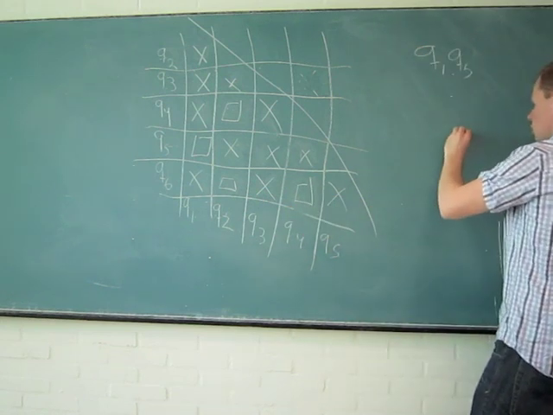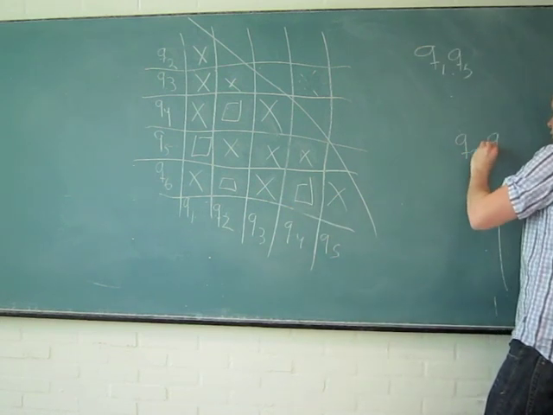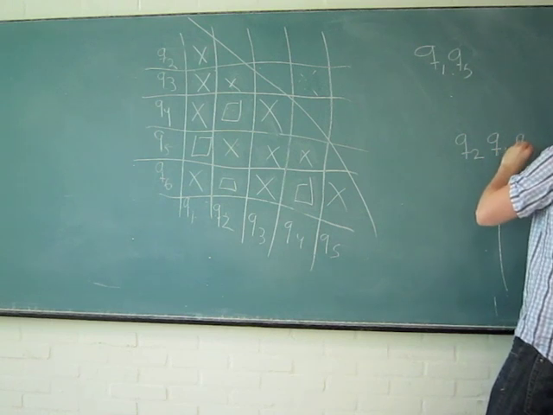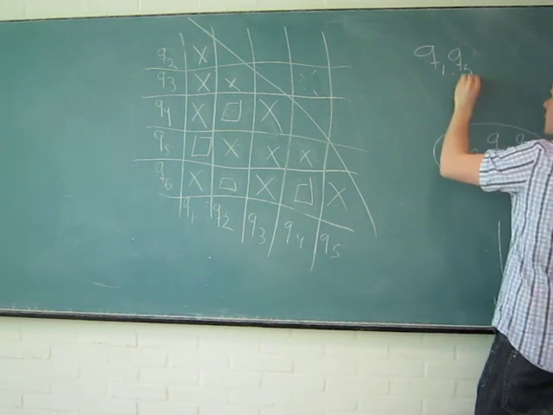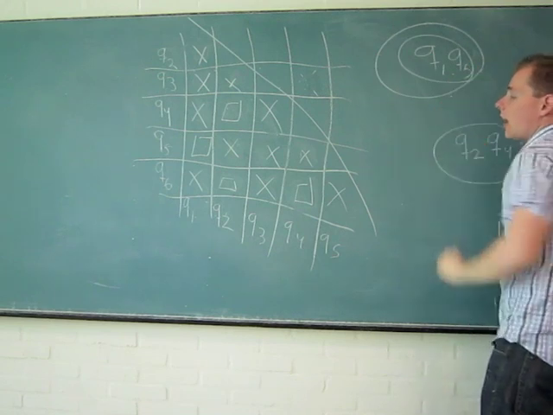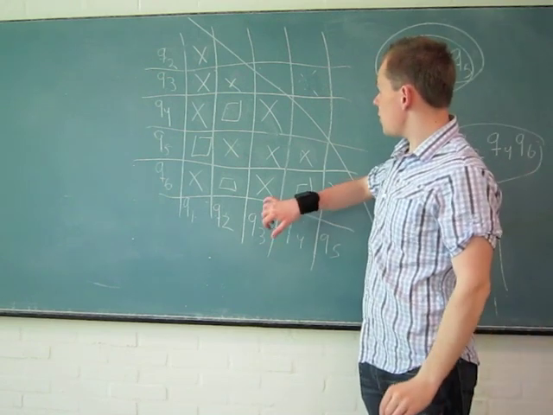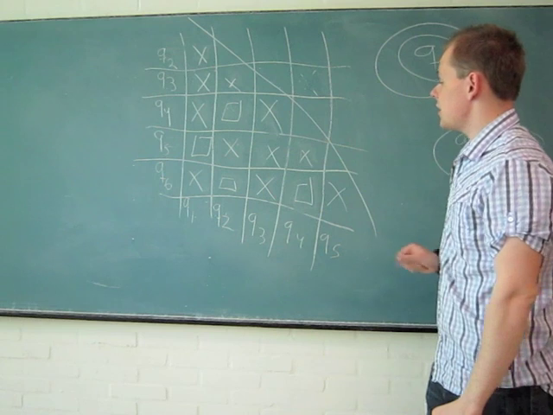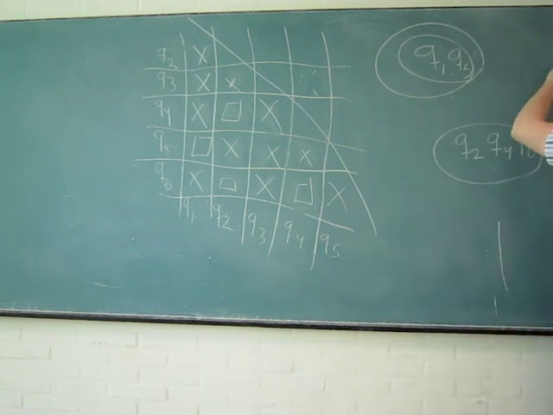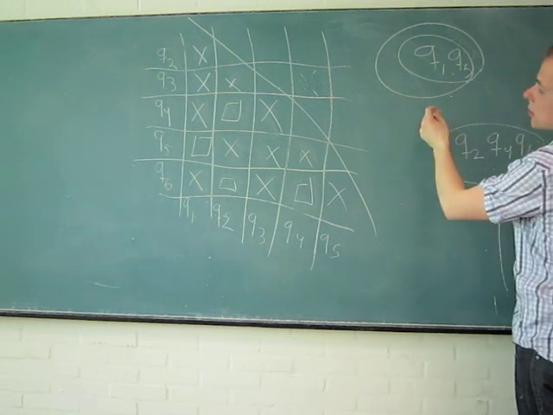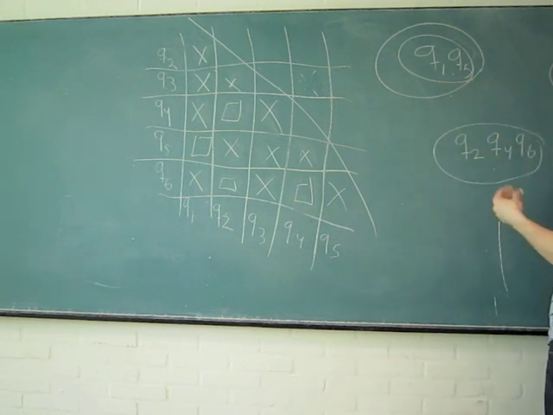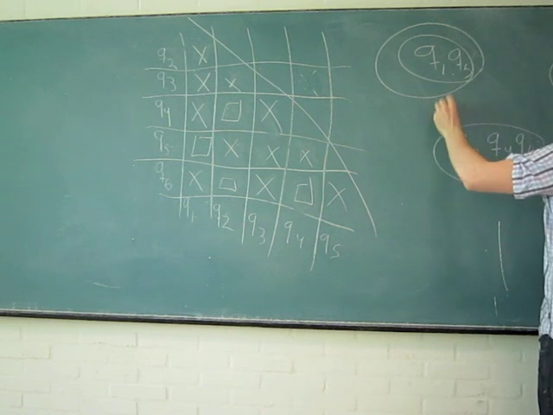So we have Q2, 4, and 6, a non-accepting state. And we have Q3, which is not equal to any other state.